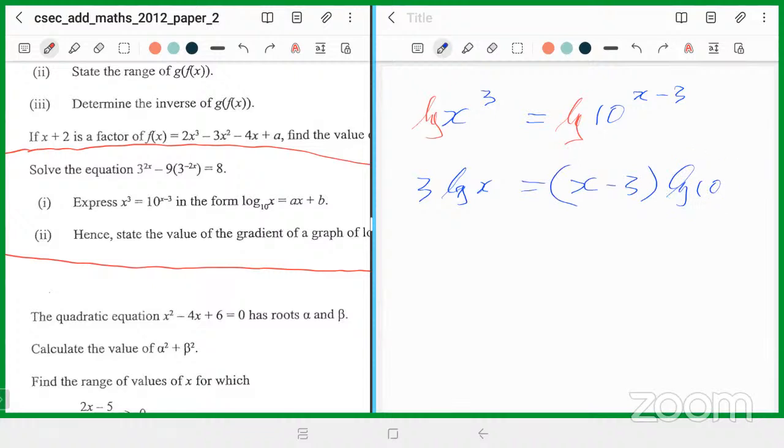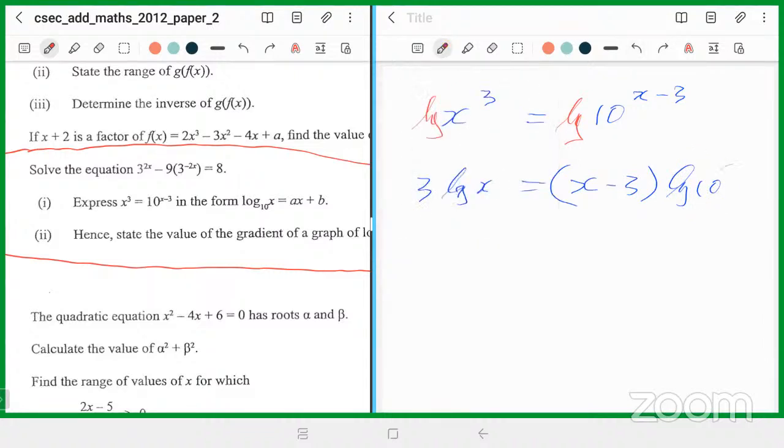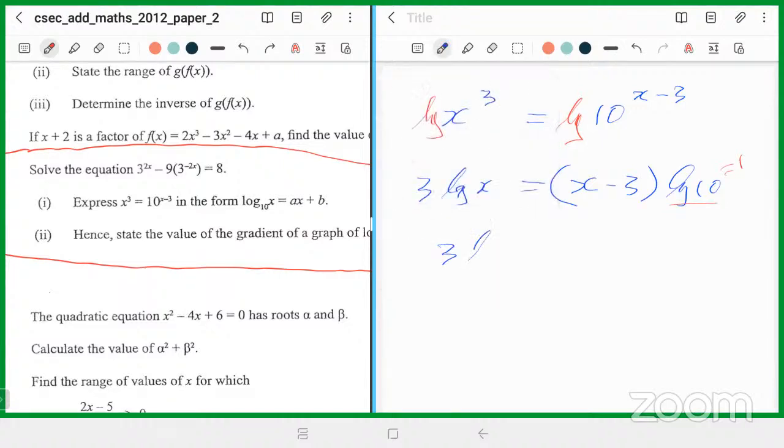The log of 10 is equal to 1. Remember, log to base 10, the log of 10 is equal to 1. And so we're left with 3 log of x equals x minus 3.